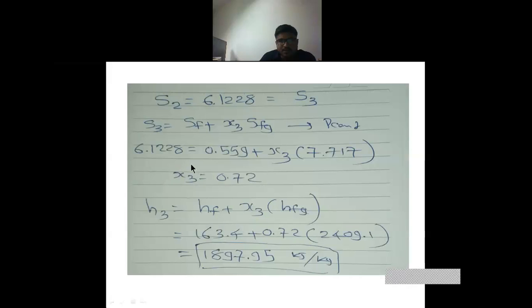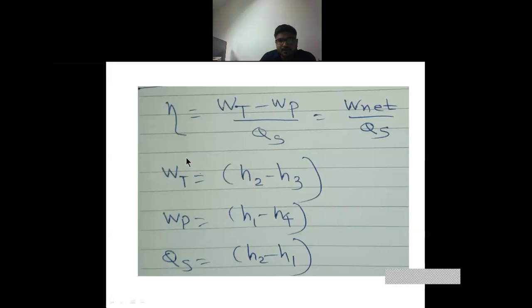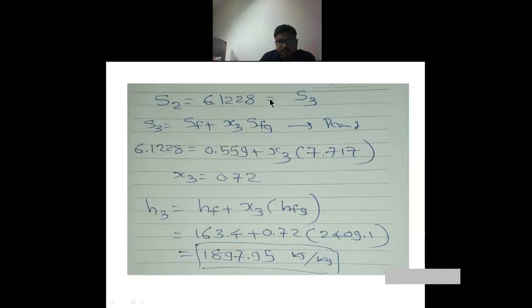Clear? And the same procedure on the basis of H2, ultimately we find H3. So once you have all the enthalpies, it is easy to find the efficiency. Just put in the values of enthalpy and you can find the efficiency. I hope that you understood this properly, and thank you for listening.